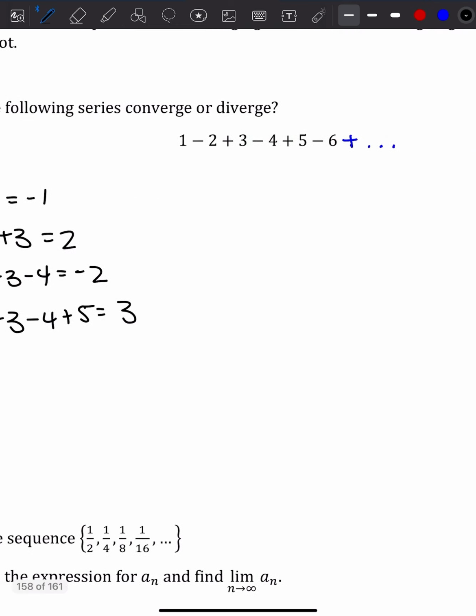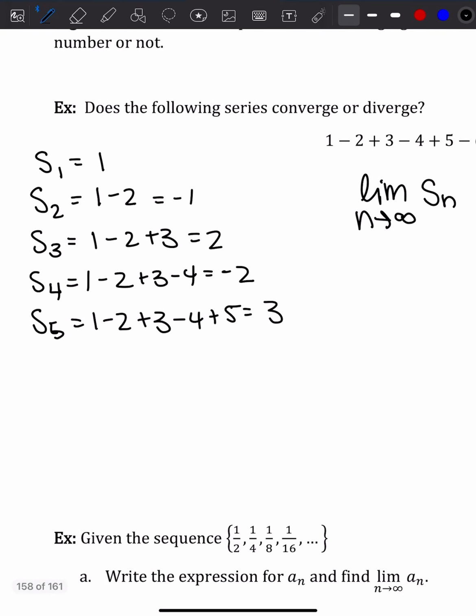So when we're looking at these different sums, as the limit as n approaches infinity of S sub n, if we look at what's happening, we're bouncing back and forth from a positive number to a negative number. And not only that, but that positive and negative number are getting bigger.